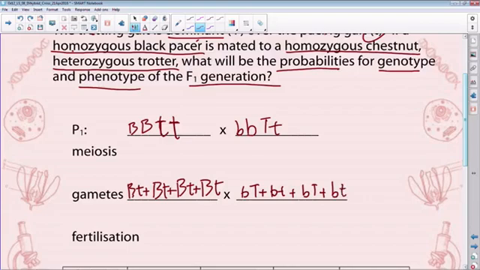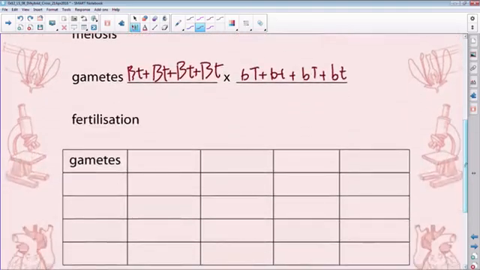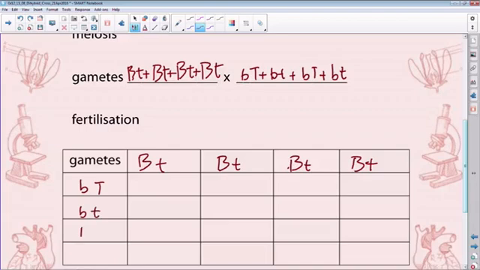So it's 1, 2, 3, 4. There we go. We've got all the genotypes. We need to put them all in. Big B, small t four times, and over here small b, big T, small b, small t, small b, big T, small b, small t.